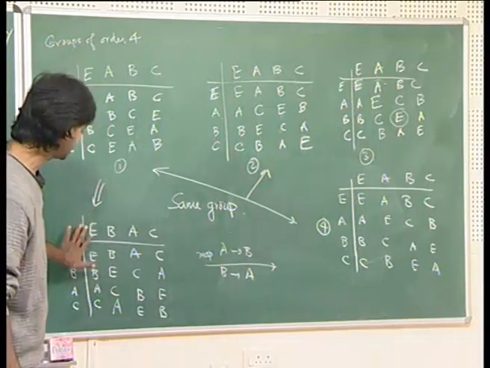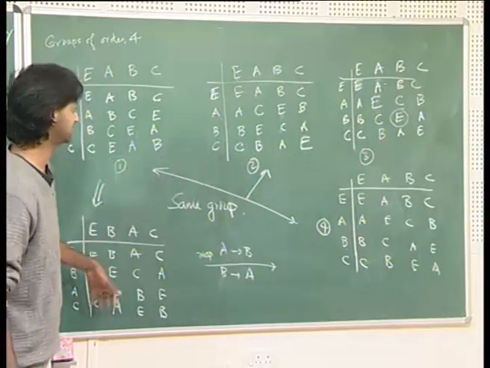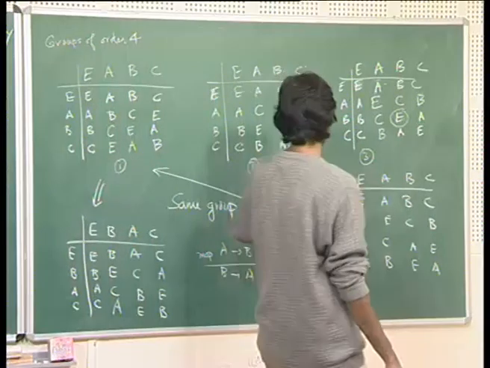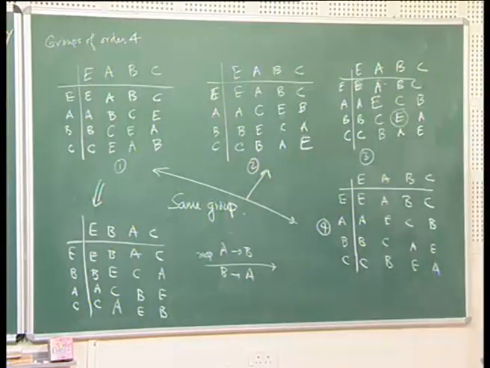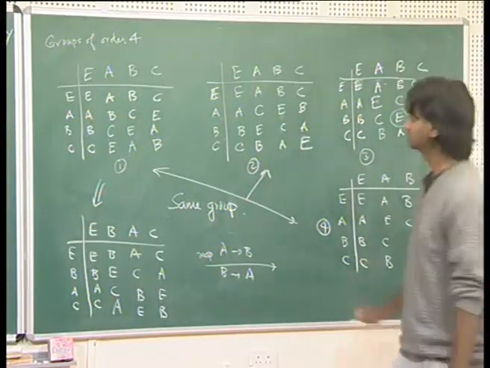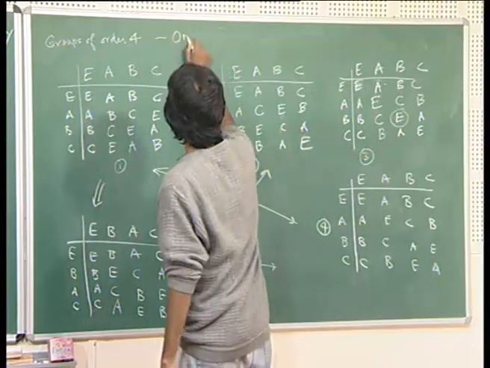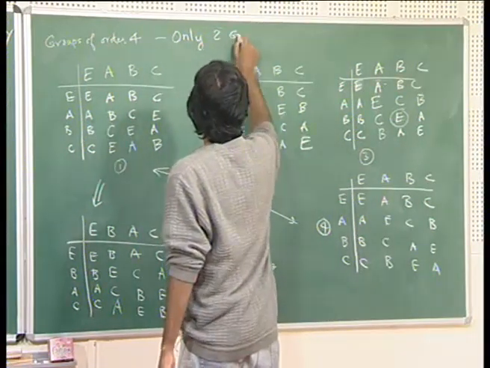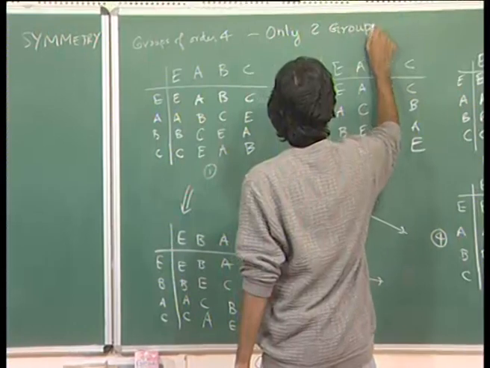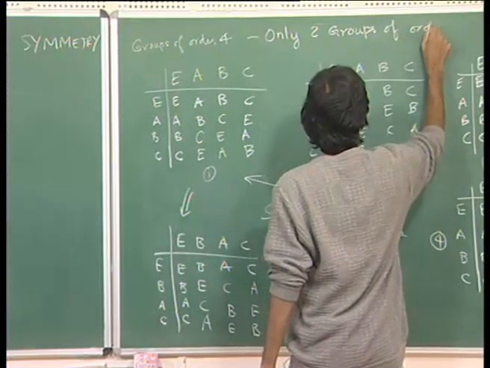So basically, all we are saying is that these two groups are the same. Similarly, you can also show that this group is the same as this group. So there are only two groups of order 4.